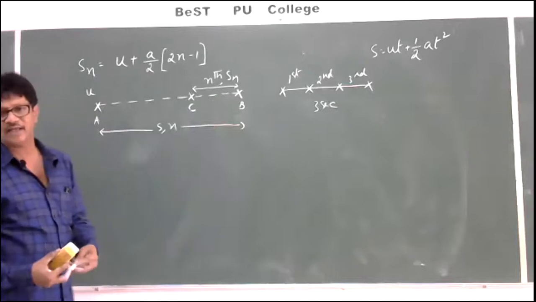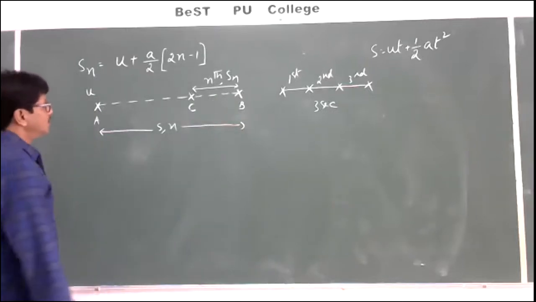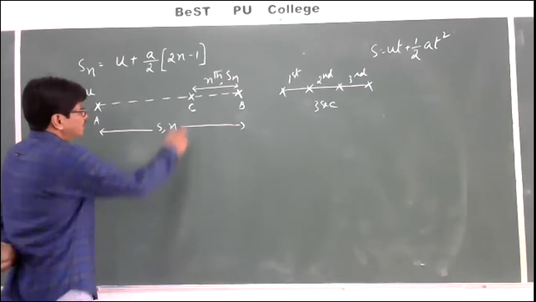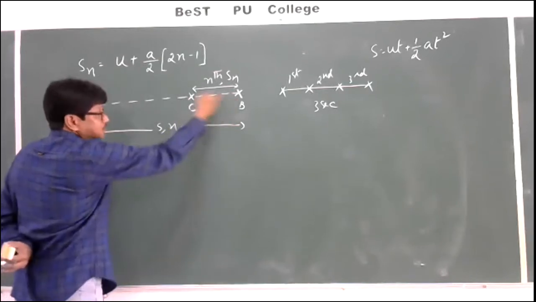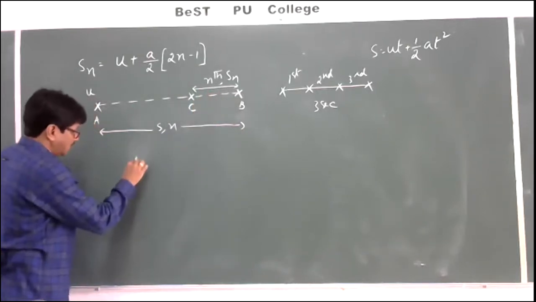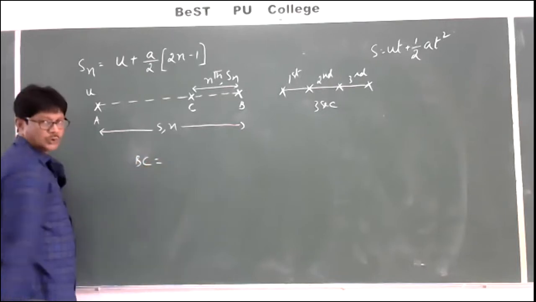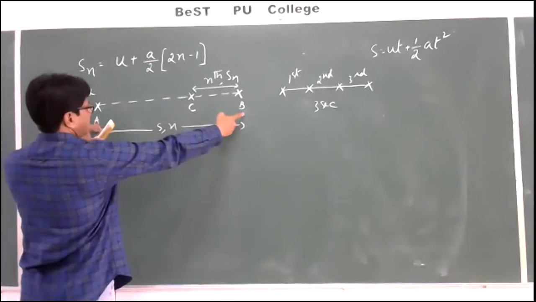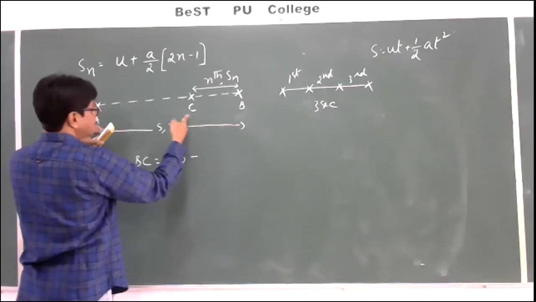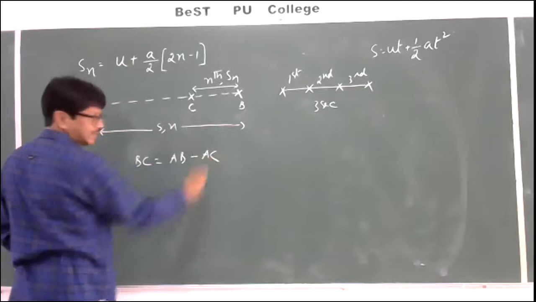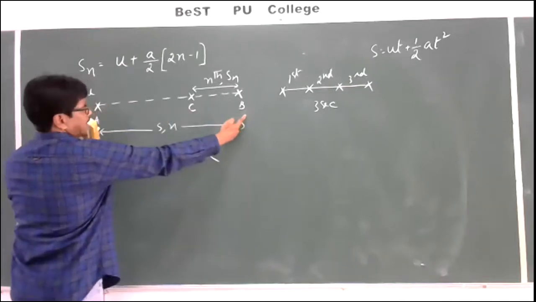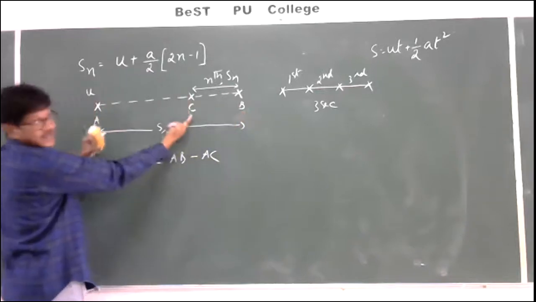Now what we have to do? We need to find the BC value. How will you find the BC value? With your permission, I will write BC is equal to AB minus AC.